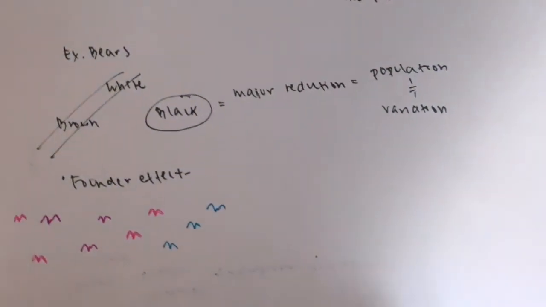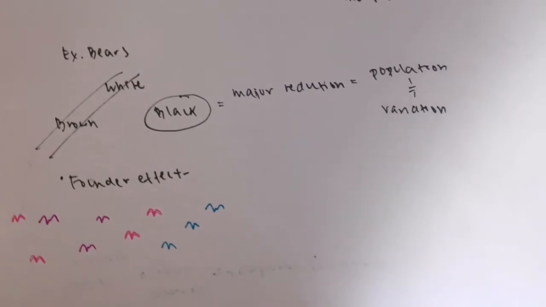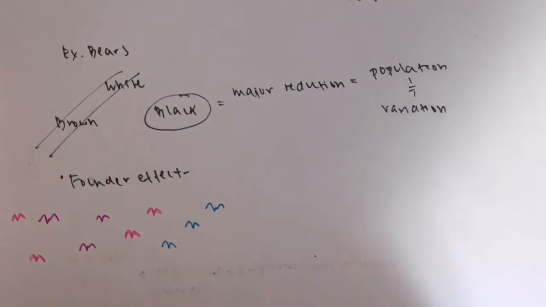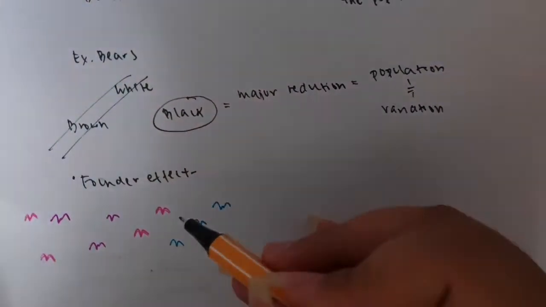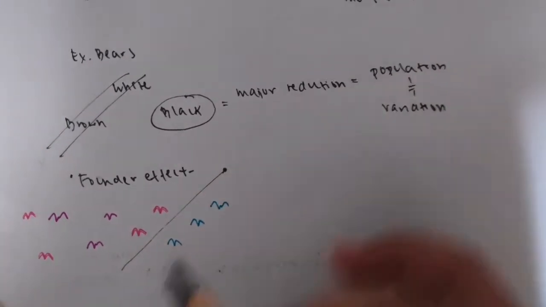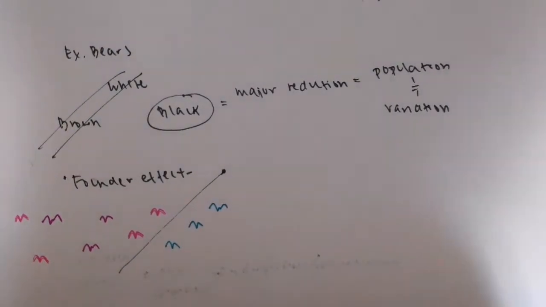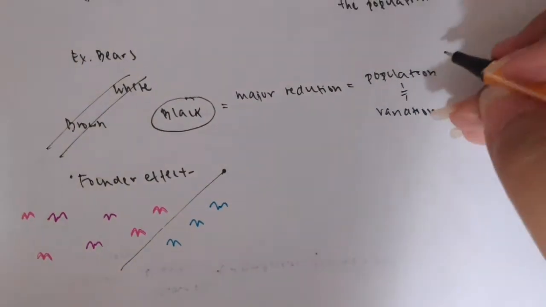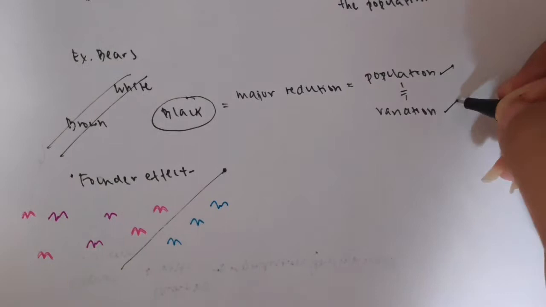An example would be a flock of birds migrating to some place, and by random chance the bluebirds got lost and had to migrate somewhere else. They will then make a new population there where they are settled, and since the whole flock of birds are gone, there will also be a major reduction in population and variation.